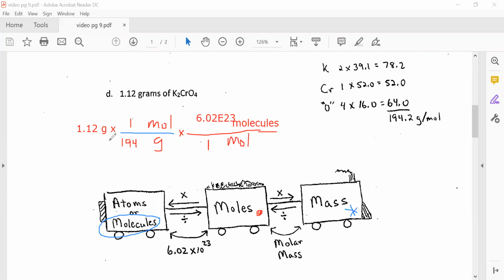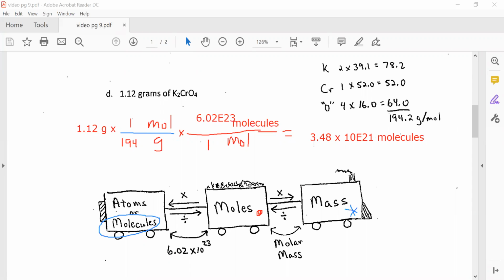Ultimately I'm going to take 1.12 divided by 194, multiplied by 6.02 times 10 to the 23rd. And I think that equals 3.48 times 10 to the 21st, and that's going to be molecules. I could say molecules of K2CrO4, but I think that's sufficient.